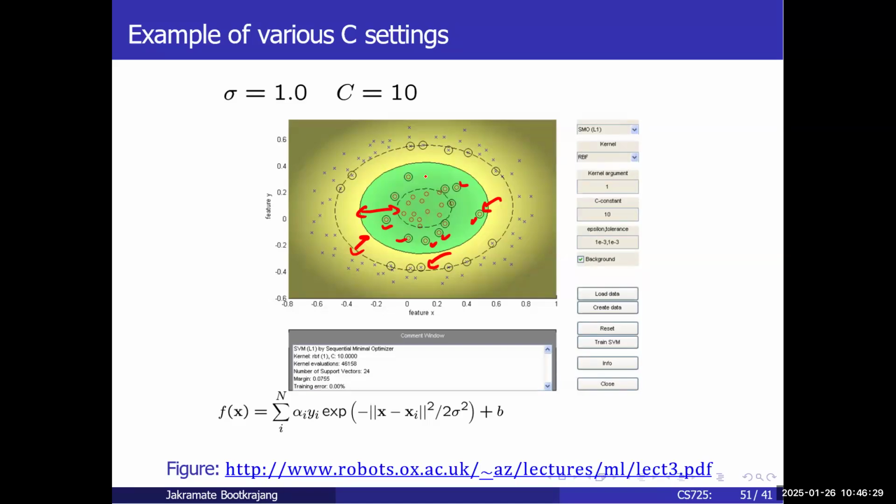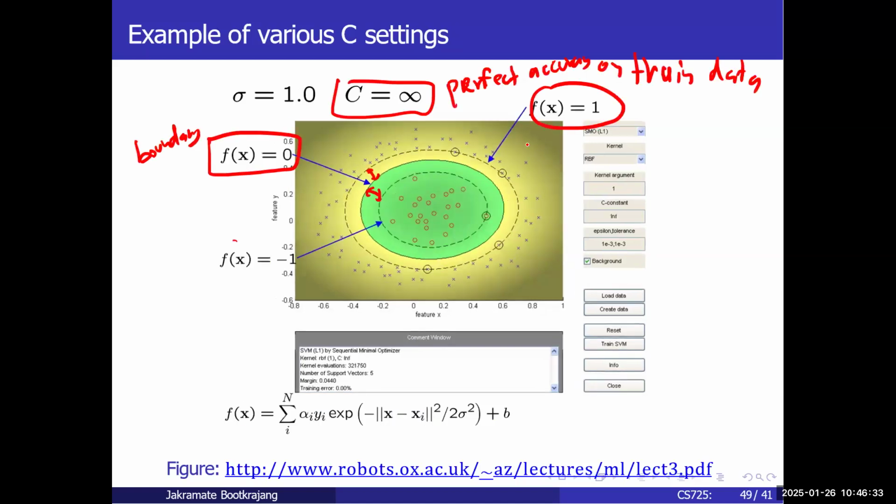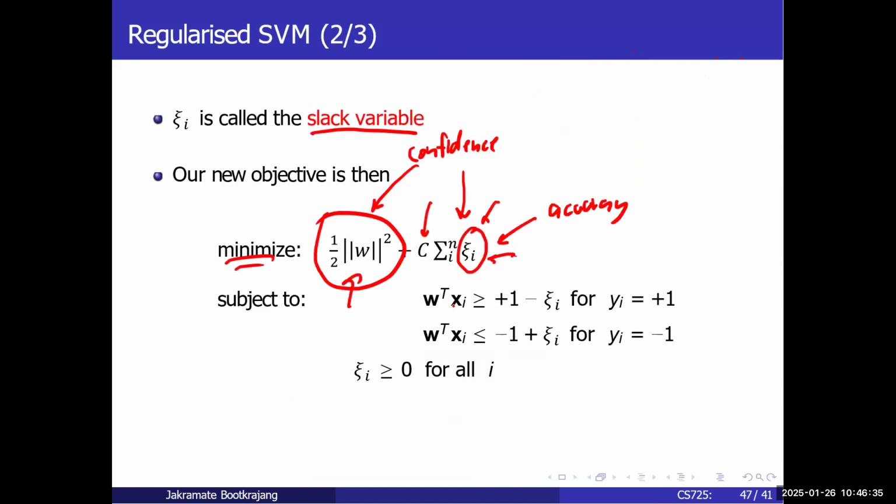So this is how we use a slack variable. You have this coefficient that you can control between whether you want the margin to be very large or very small.